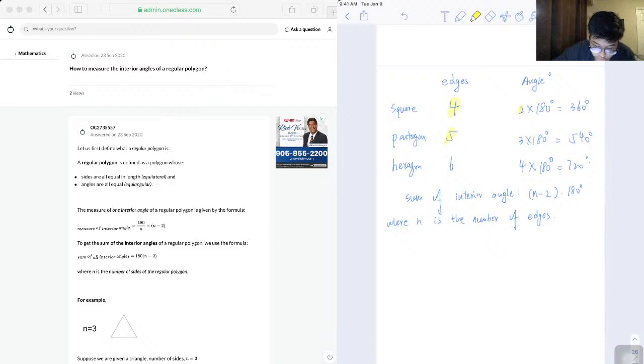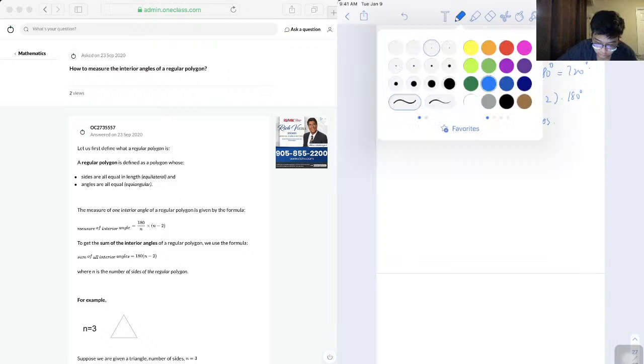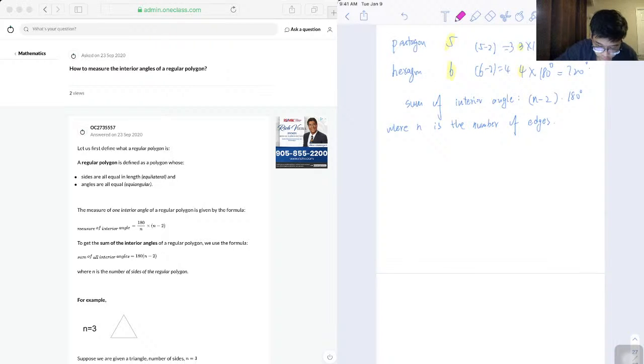If we've got 5 sides, we use 3 times 180. If we've got 6 sides, we use 4 times 180. Yeah, and 5 minus 2 is equal to 3, 4 minus 2 is equal to 2, 6 minus 2 is equal to 4. Right. So the sum of interior angles, I'll just write it again, should be n minus 2 times 180.